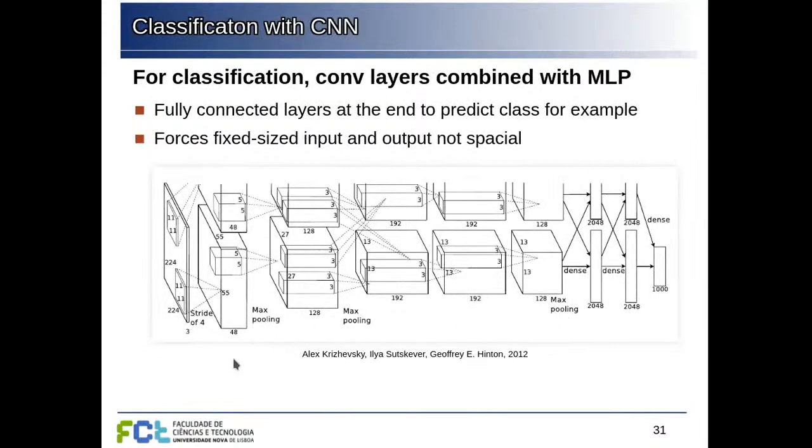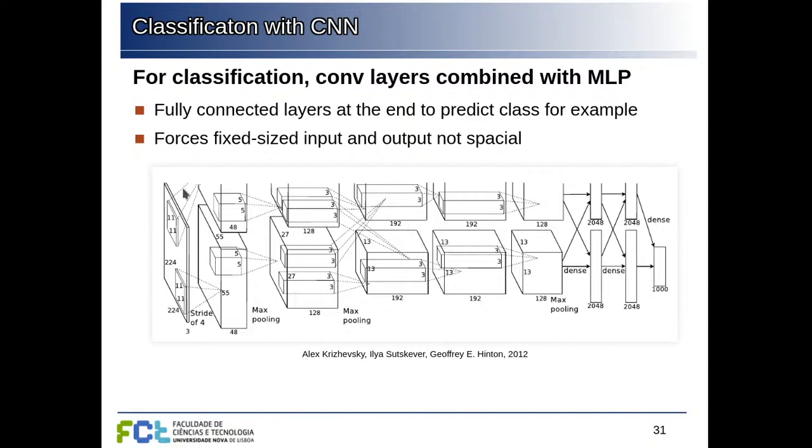So this would be an example. AlexNet, we saw this one briefly before. We have these convolution layers. We have max pooling between these layers. And then we have at the end a set of dense layers, so a multi-layer perceptron, until we reach the classification. So this would be a change where we shift from the feature maps and the kernels into a dense layer or a stack of dense layers, so that then we train the classifier.